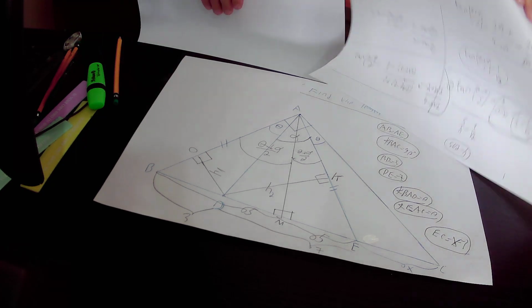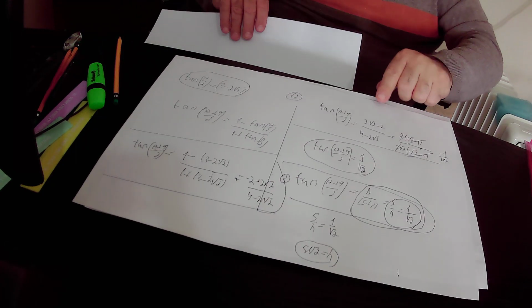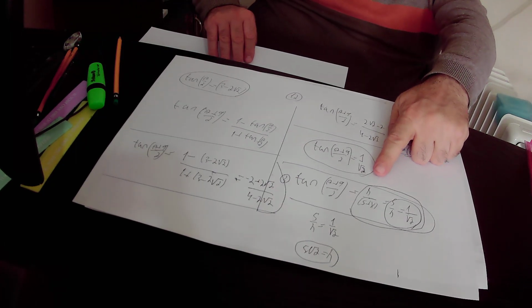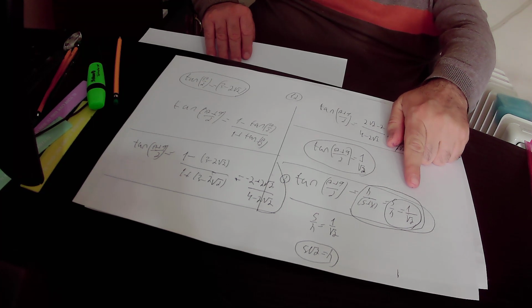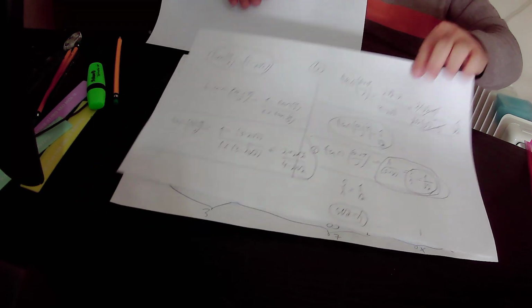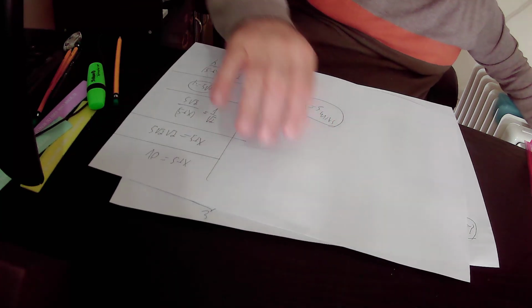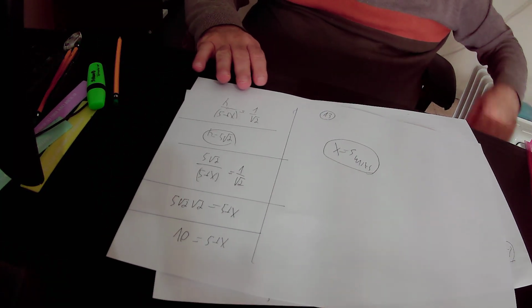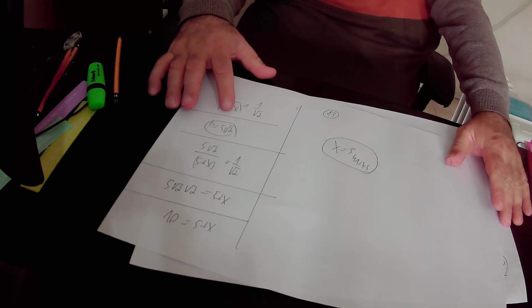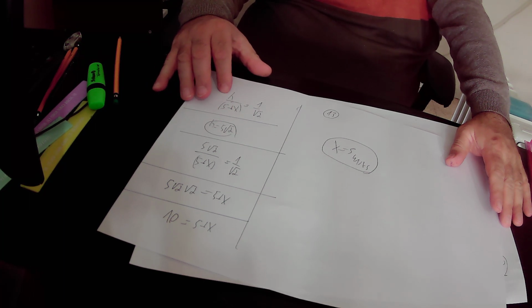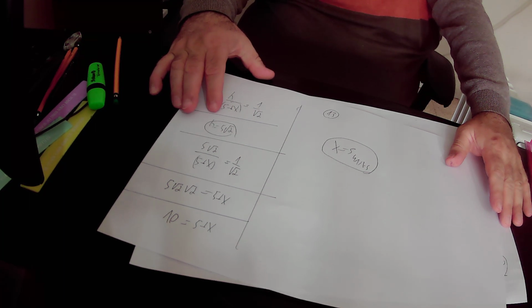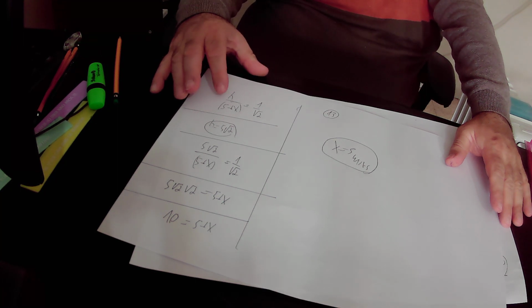And then we derive the second equation from equation number 3, that h over 5 plus x equals 1 over square root of 2. And we already found out that h equals 5 times square root of 2, so we can put the value of h inside.